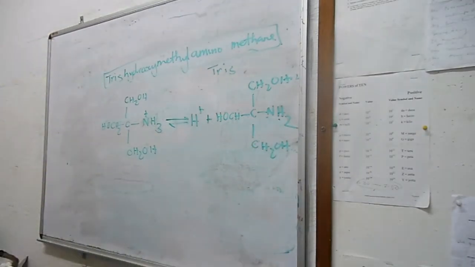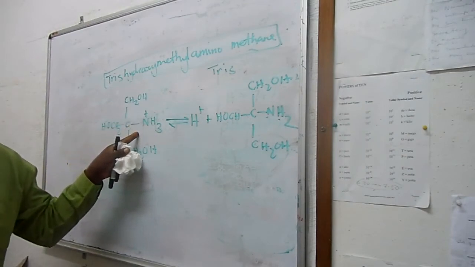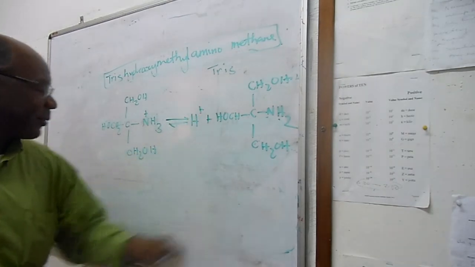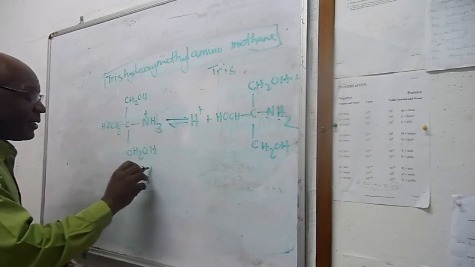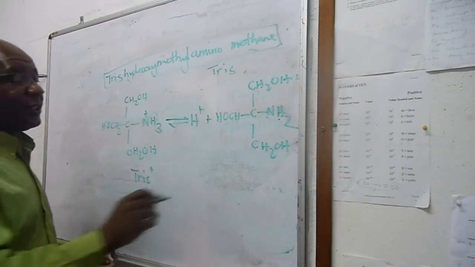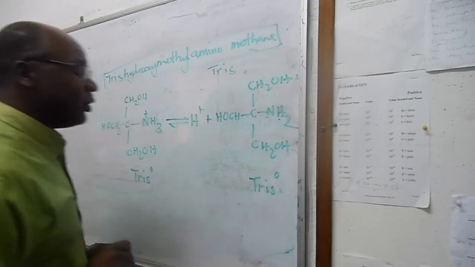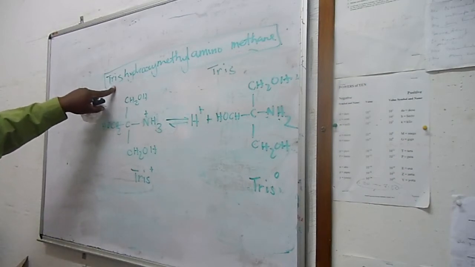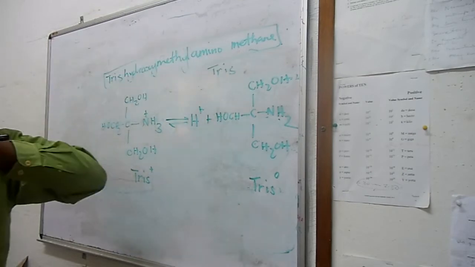So the tris, which is protonated, can be deprotonated to form your tris. This is tris positively charged, and this is still tris, without charge, which we can say is tris 0. The full name is tris hydroxymethylaminomethane.